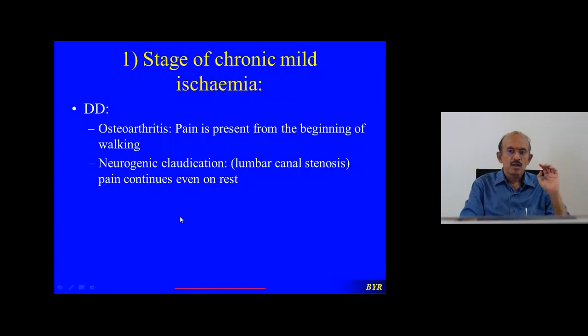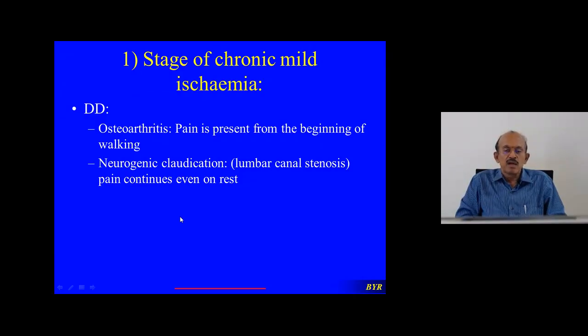That means whenever there is some narrowing of the lumbar canal, the nerves that come out are put to some compression, like lumbar spondylosis or disc prolapse. Whenever the person is walking, there will be compromised blood supply to that particular nerve.